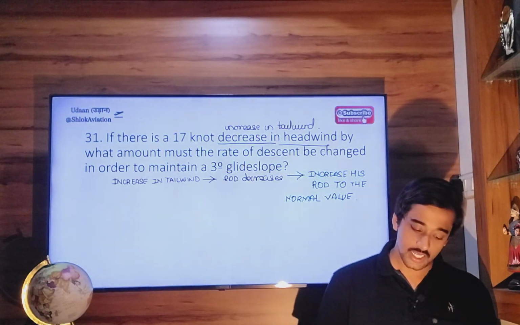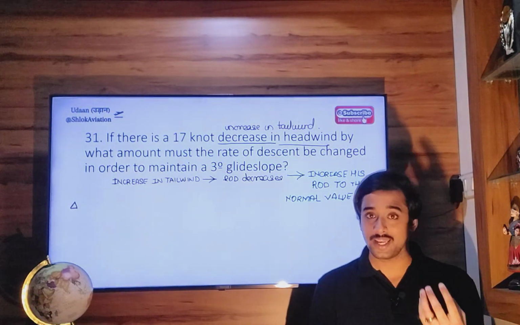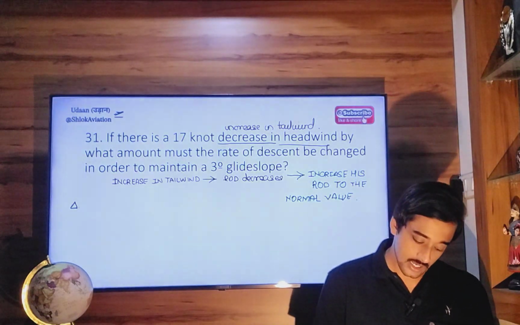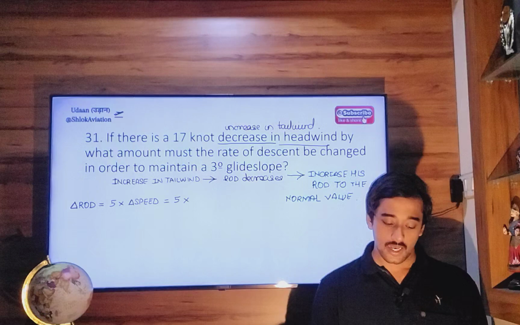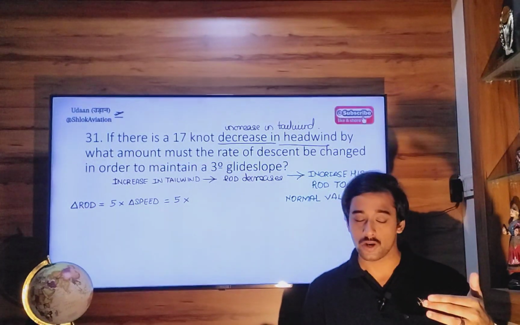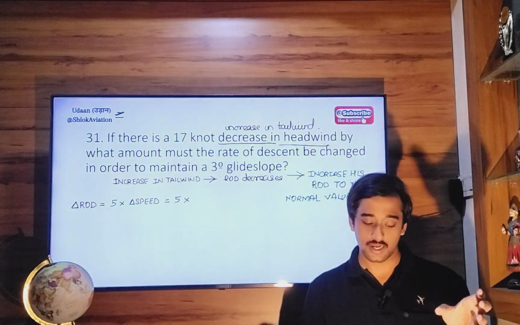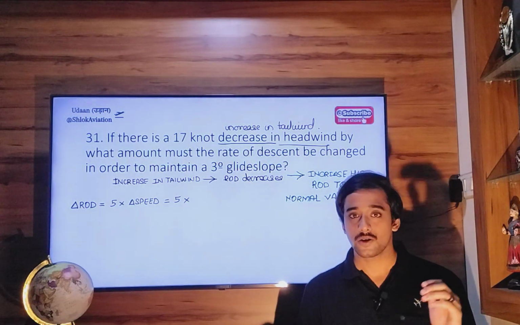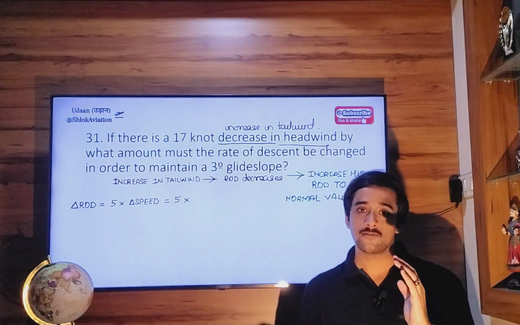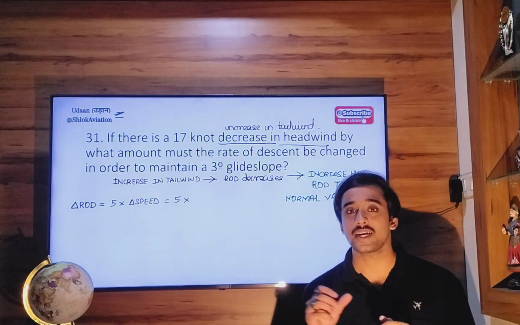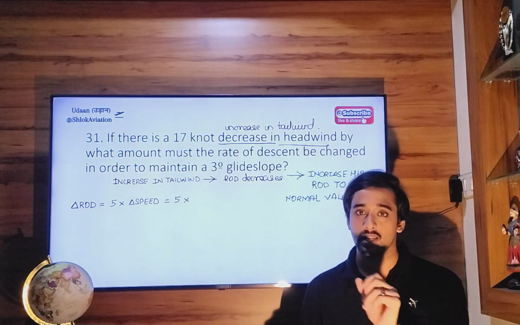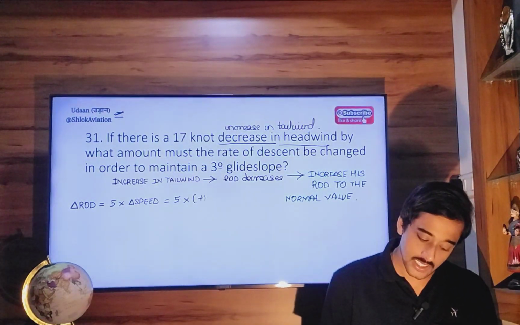Next, the change in rate of descent. By what value are you going to increase your rate of descent? That change in rate of descent equals 5 times the change in speed of your aircraft. Now whenever there is an increase in tailwind component, there will be an increase in the ground speed of your aircraft. A tailwind is nothing but a push given from behind, right? So the ground speed of your aircraft will increase by 17 knots, so I'm going to write here plus 17.